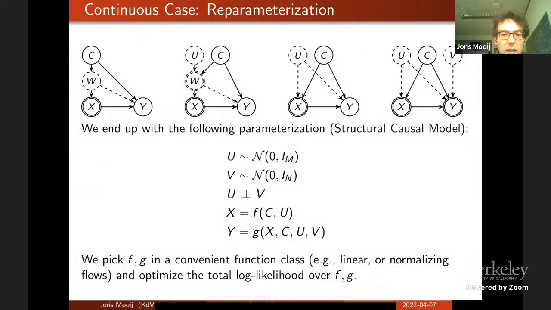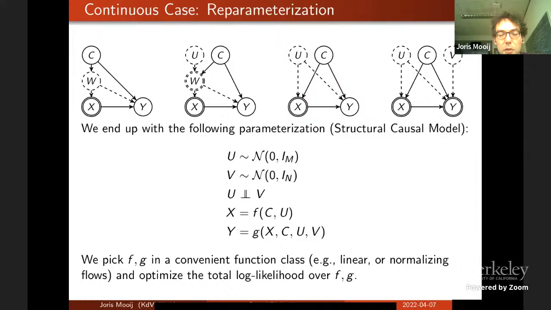So on the top left, you see basically our reduced causal model, and we can now use this reparameterization trick first on W. So we turn W into a deterministic function of C and some independent noise variable U. Then we can actually integrate out or even substitute out the W from the model.